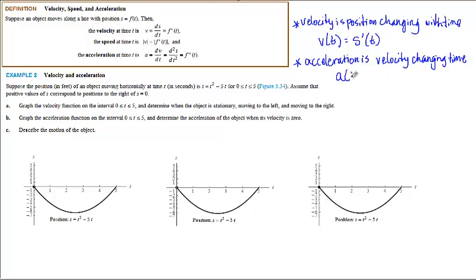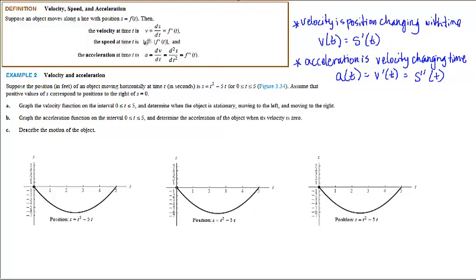So similarly, I would say that acceleration is the derivative of velocity, or you could even say that it's just the second derivative of position. And that's what they're giving you in this definition here. They're just explaining that acceleration is the derivative of velocity or the second derivative of position.